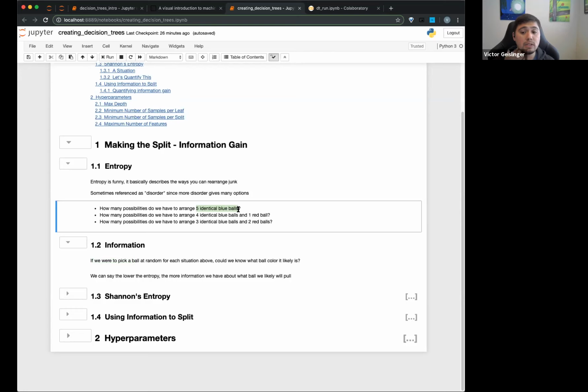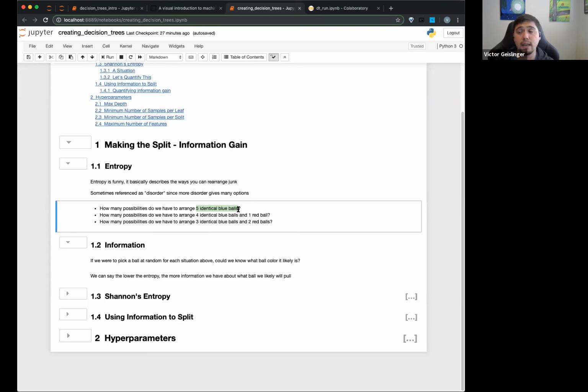So essentially what we want to say is, if we pick up a ball randomly, how much information do we gain by picking up a ball at random? If I have 5 balls, I know they're all blue, and I pick one up, it's a blue ball, I put it off to the side. That's not really going to change any information about what my next ball will be. So me looking at the first one being blue doesn't really help me.